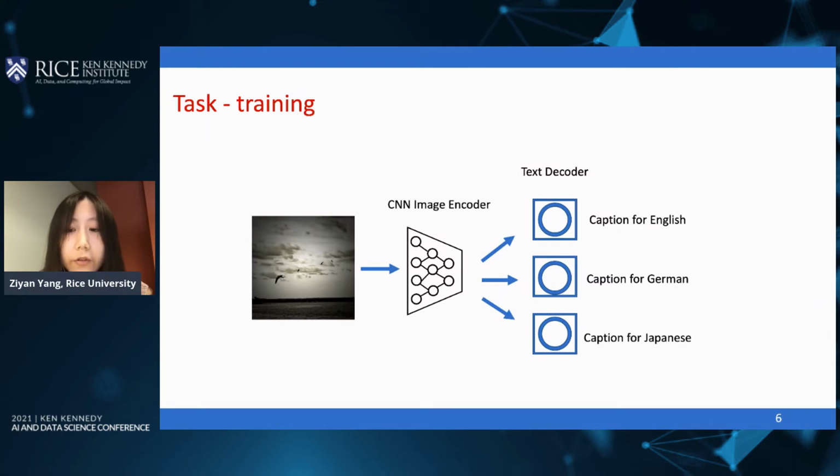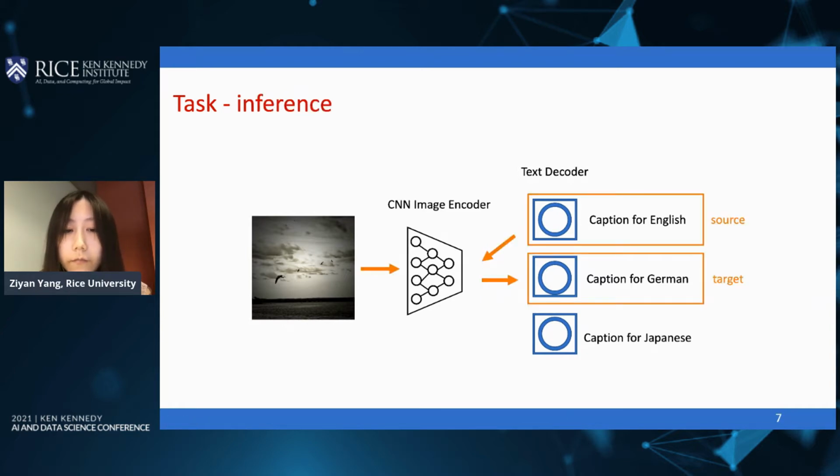Then the image features are fed into different text decoders to generate captions for different languages. During inference time, we are interested in transferring information from one language to another. We choose a source language and a target language. We want to combine the source language's caption information and image information together to generate the captions for the target language. We can do it for any pair of languages.